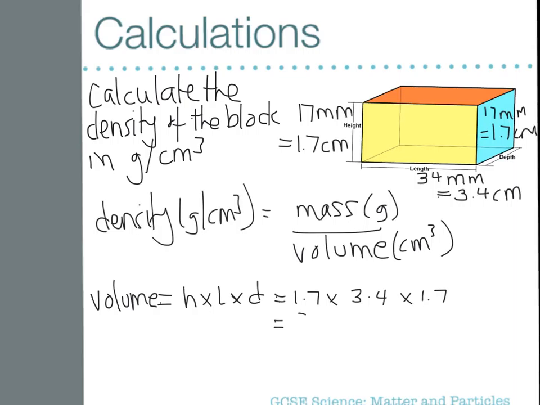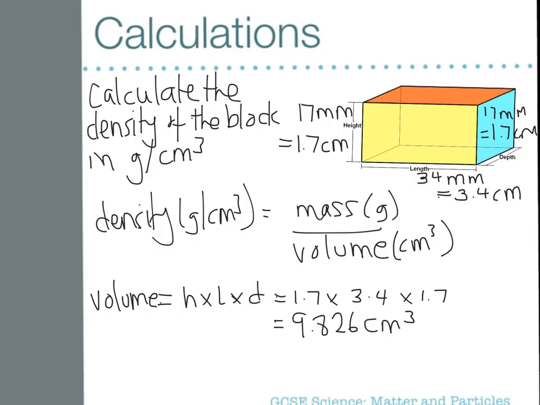And the answer to that is 9.826, and I won't forget my units as centimetres cubed because I've multiplied centimetres by each other 3 times. Centimetres times centimetres times centimetres, centimetres cubed.